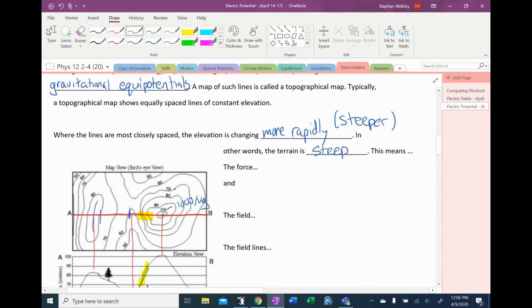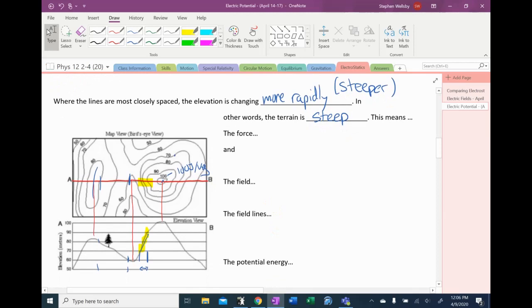And so at this point here, our resultant force, our overall force, would be larger here. And it's also, just as another point here, going to be perpendicular to the equipotentials.